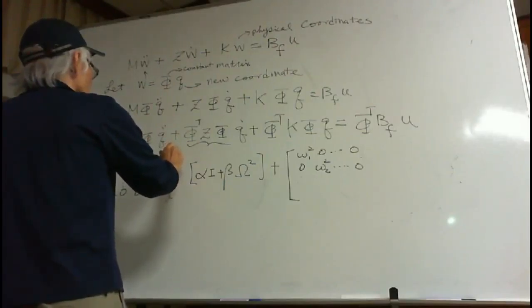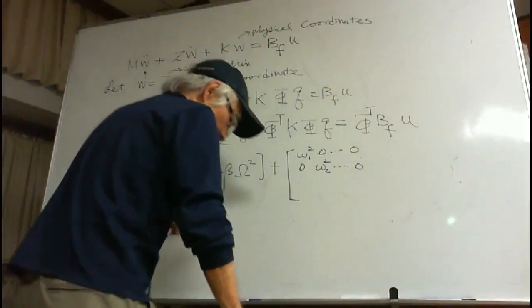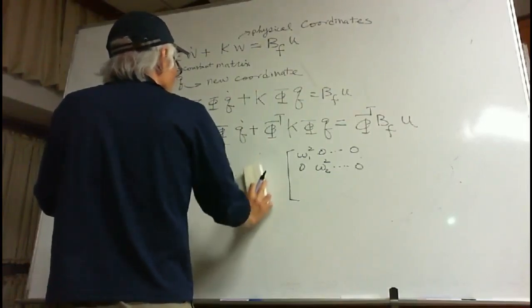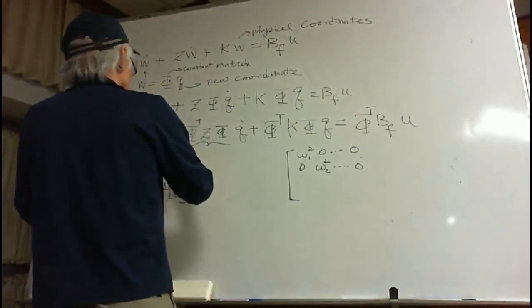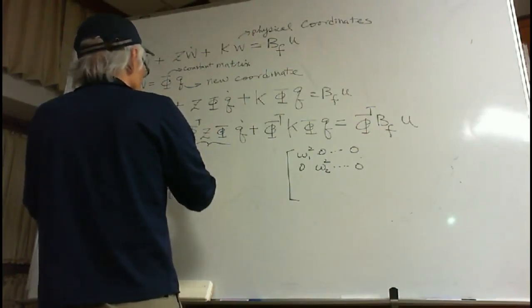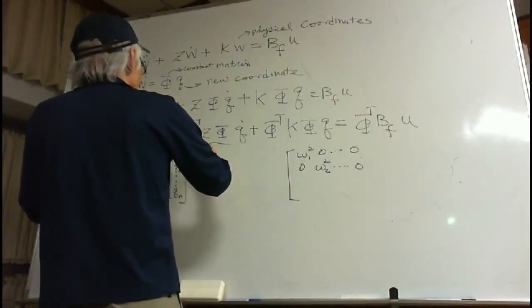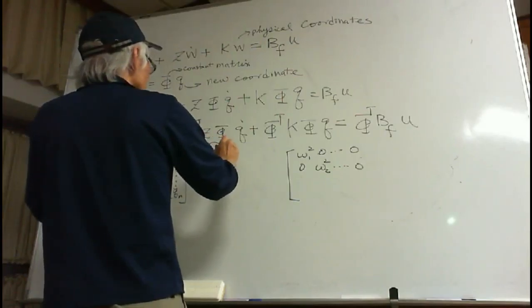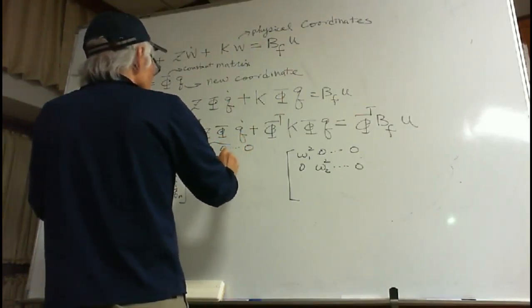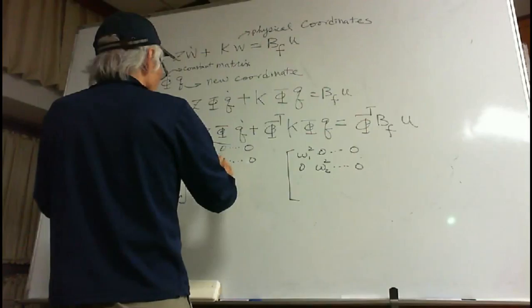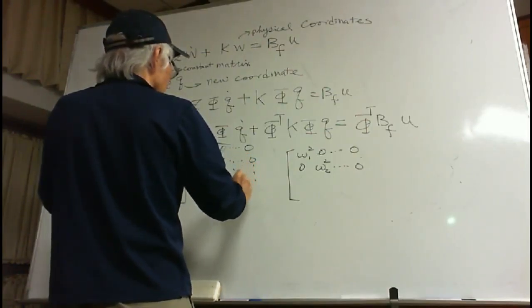This is my Q1 double dot, Q2 double dot, Qn double dot, plus, let me write down much more clearly here, alpha times the identity matrix with 1s on the diagonal.